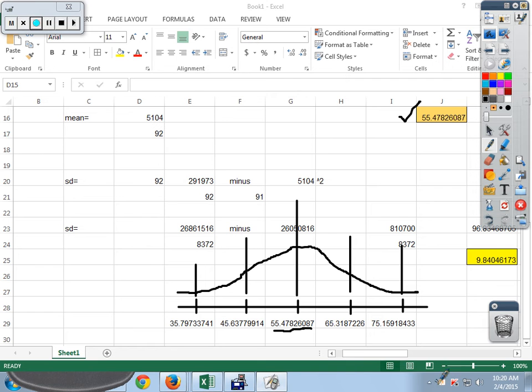That's your mean. Then if you go to the right of 0, which is the center of the number line, do you add or subtract? Add. What's the only other number we have besides the 55.47?